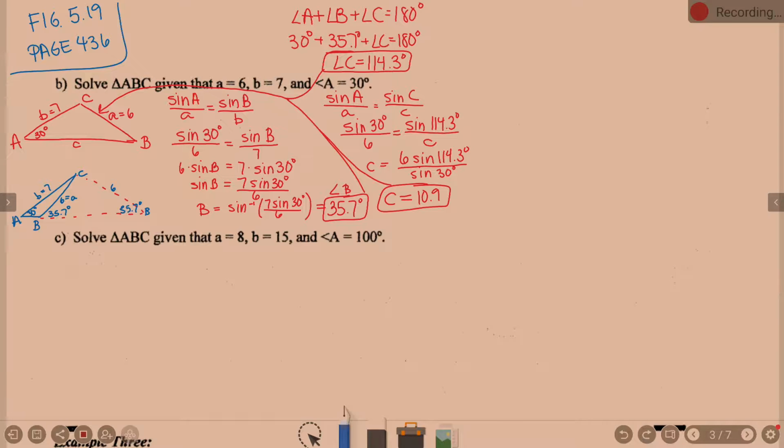Do we see it? Because what we know here, because we're trying to work out this new angle B, we don't know what the new angle B is yet, but we know outside of angle B is 35.7.